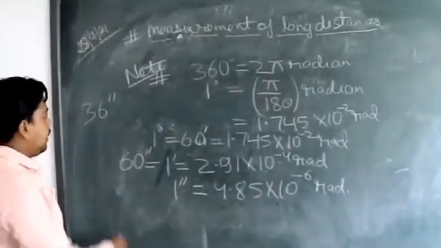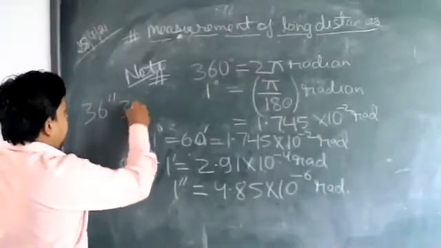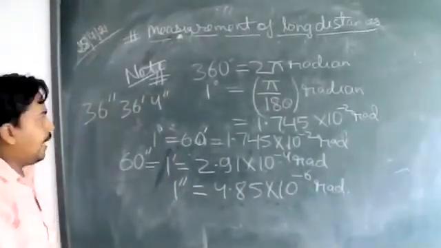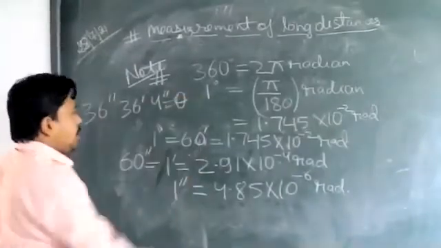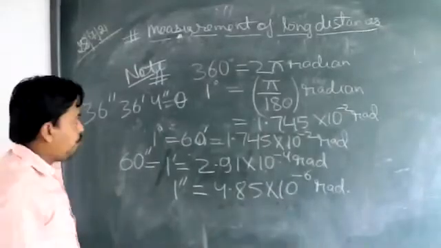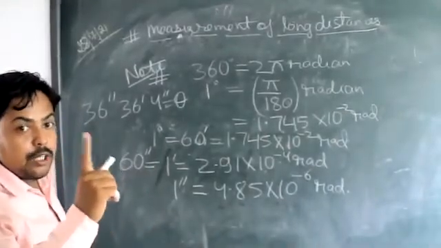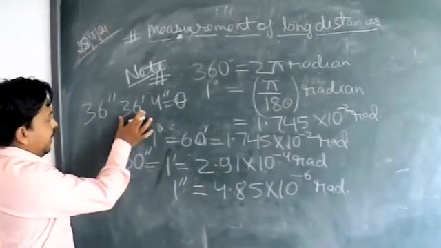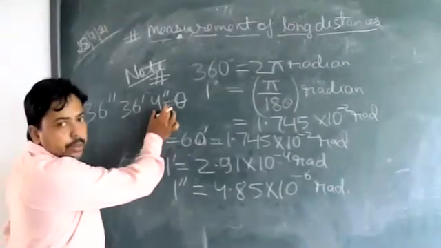Okay. Similarly, if theta is given to you as 36 minutes 4 seconds, and someone asks you to calculate this theta in radian, first what do you need to do? You need to convert the minutes quantity into radian, and then the seconds quantity into radian.